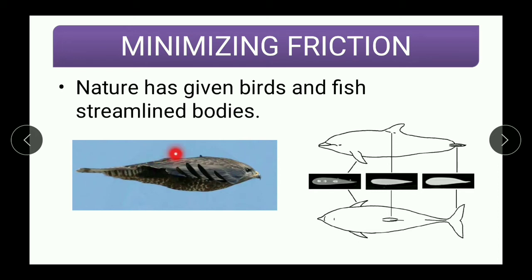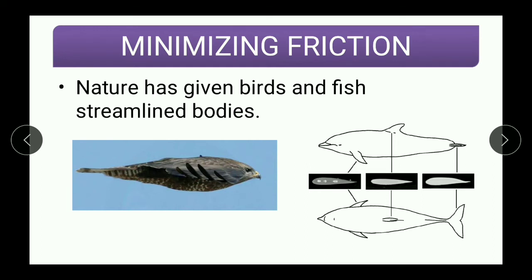Here you can see the front part is rounded, whereas the back part is narrower. In case of fishes also, the front is rounded and the back part is narrow. So this is how nature has helped these birds and fishes by providing them streamlined bodies, and that's why they are able to move smoothly through air and water.